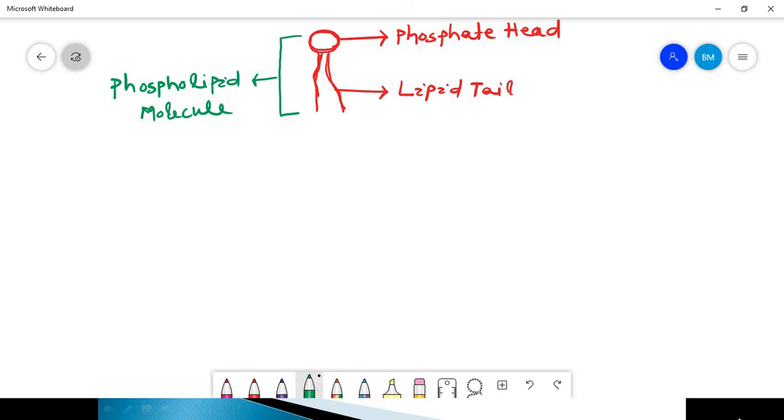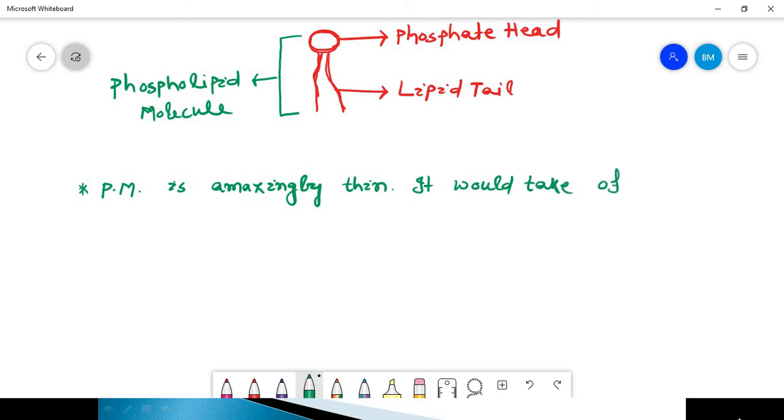Another point I'm writing here: the plasma membrane is amazingly thin, very thin. We can only see it under a microscope.